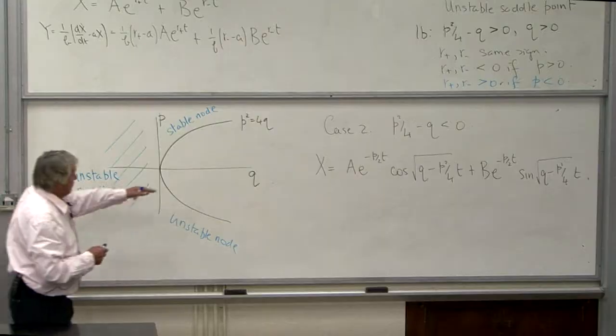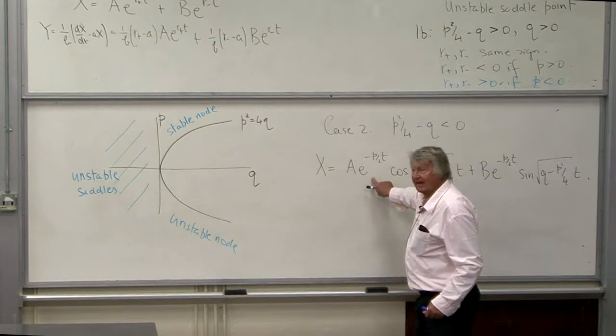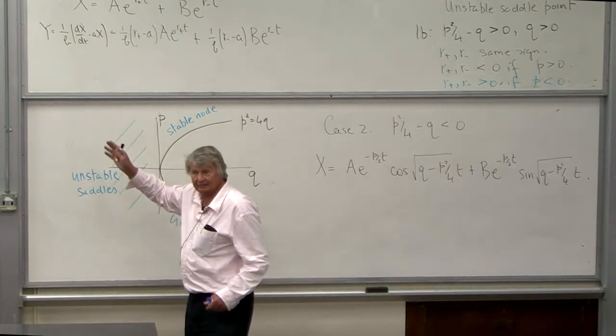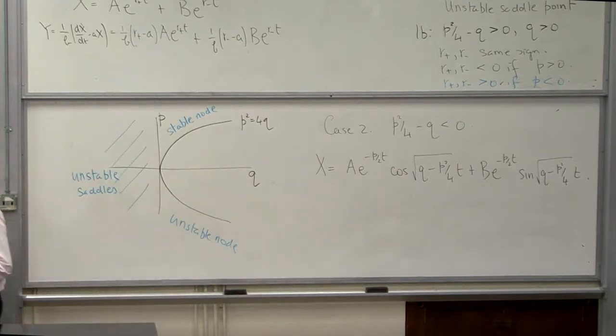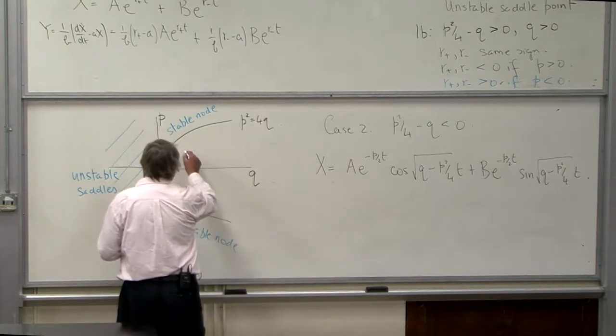Now, if p is positive, if you're up here, x will go to 0, y will go to 0, the capitals. So little x and little y will go back to xe, ye, but they'll spiral back in because of the cosines and sines. So this is a stable spiral.